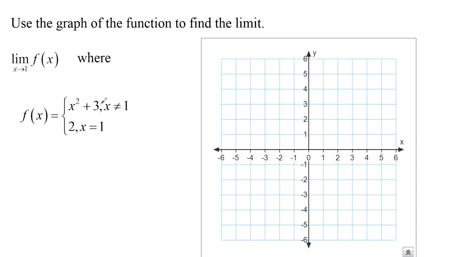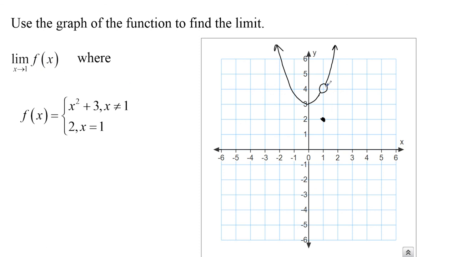X squared plus 3 is a graph that looks like this. But at x equals 1, we get 2. So technically, we end up with an open circle here at 1, and the value at x equals 1 is 2, so that's my graph. So they want us to find the limit as x approaches 1.